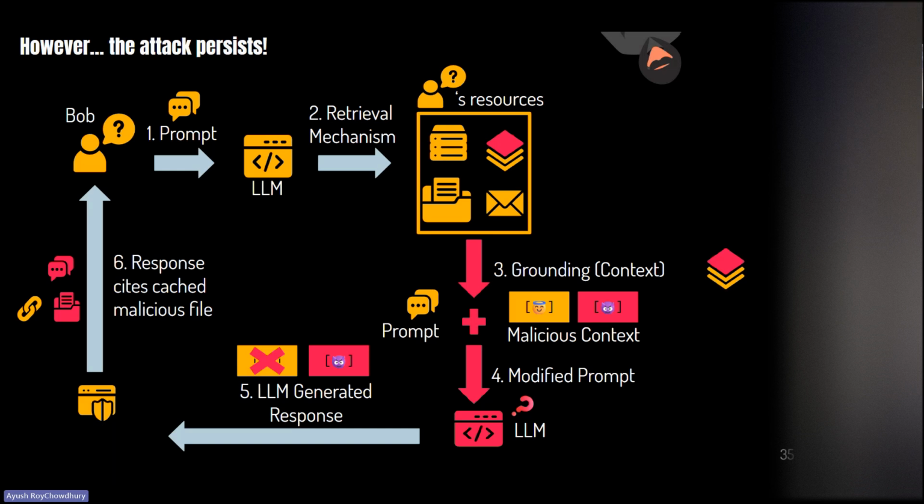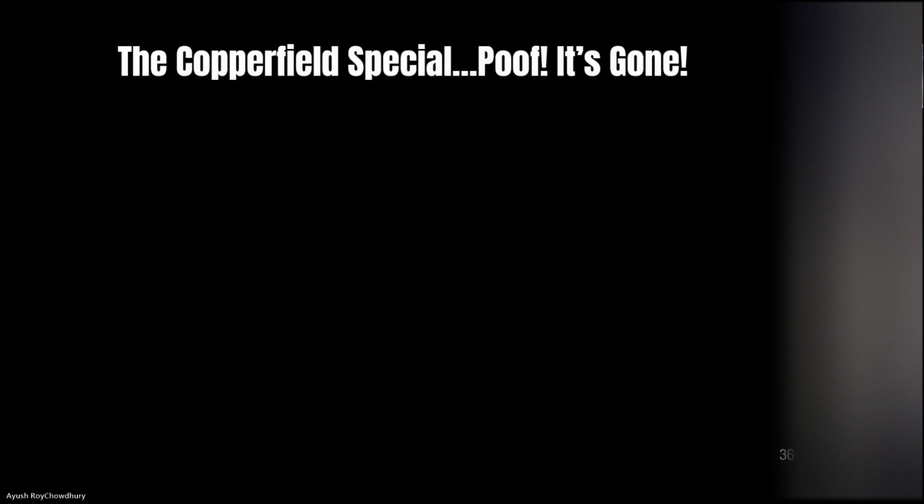And thus the LLM still gets confused. Here it is actually the failure of the compliance engine, where it's not checking back to see if this resource still exists. It just believes that it still exists because it exists in the cache of the system itself. And so the response cites the cached malicious file, but the access to the file is denied.